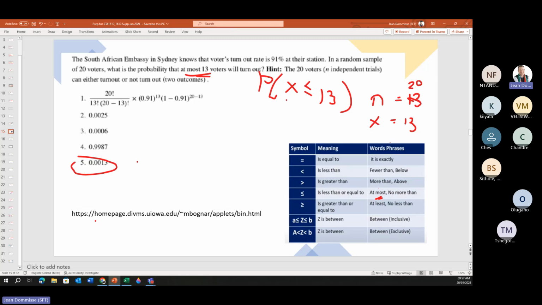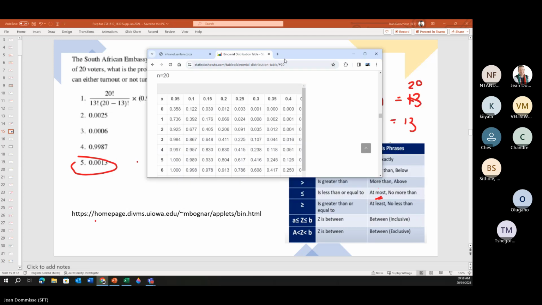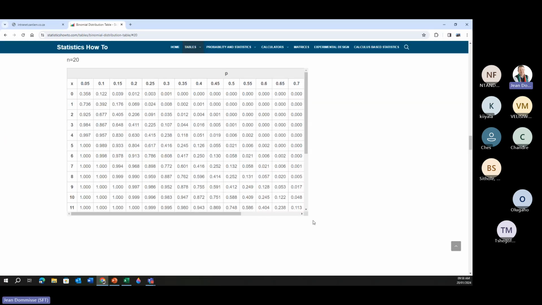But also, if you want to use the tables, let's just quickly look at binomial. N was 20.